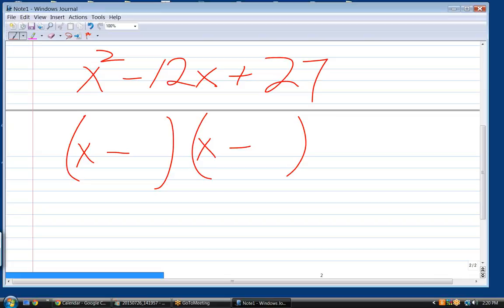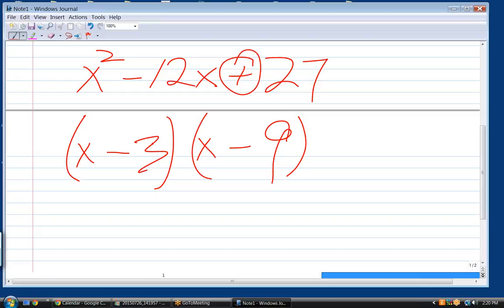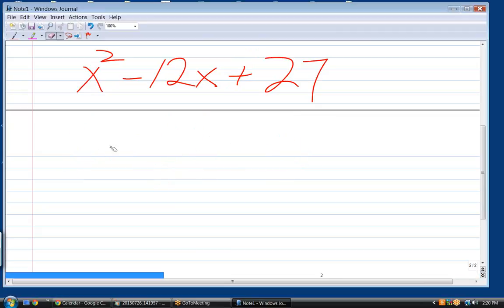Not the minus 12, just to the number 12. What are they? 3 and 9. And it doesn't matter whether the 3 goes here and the 9 there or vice versa. Okay? So as long as that's a plus, these are quite easy. As long as this is a 1 and that's a plus, there's only 3 steps. And you've got these simple rules that apply.